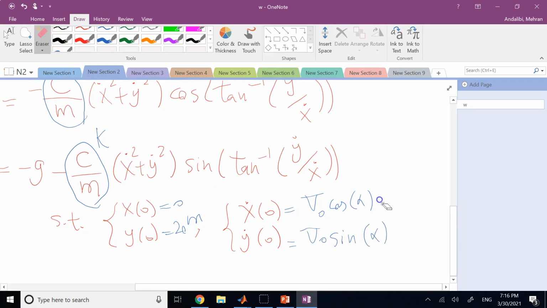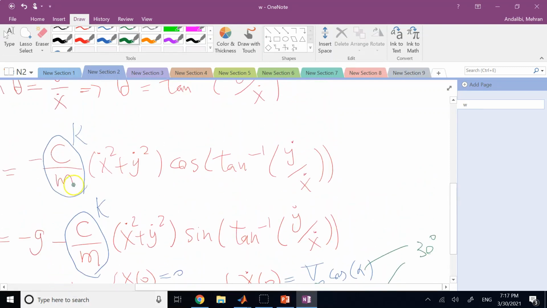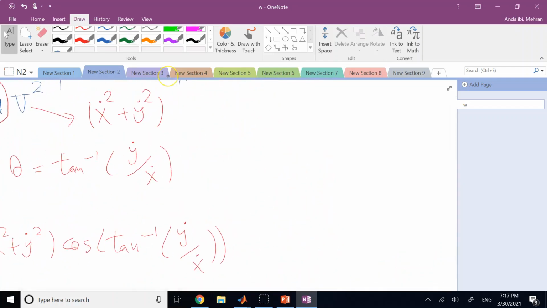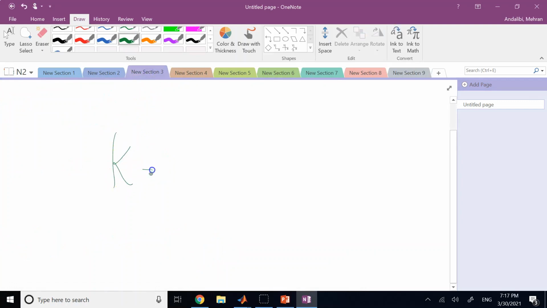Let's say the launch angle is, just you tell me, let's say 30 degrees. And the launch velocity is, let's say, 100 meters per second. And then we need to calculate the value of K as well, where K, if you remember, this constant K was 1/2 rho of air times CD times A divided by M.